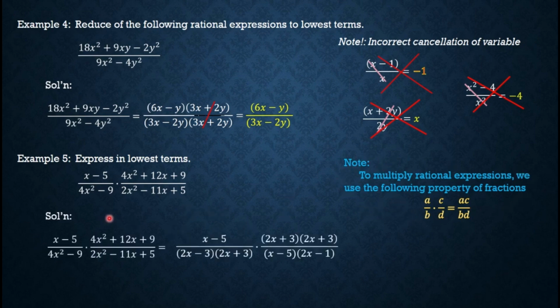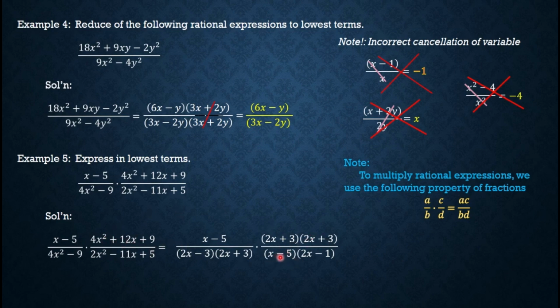Then, solution. So, x minus 5 over 2x minus 3, the quantity 2x plus 3 is a factor of 9x squared minus 9. Another is 2x plus 3 times 2x plus 3, which is another factor of 4x squared plus 12x plus 9.